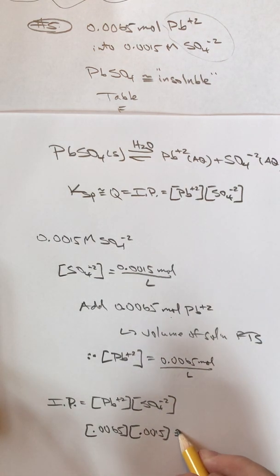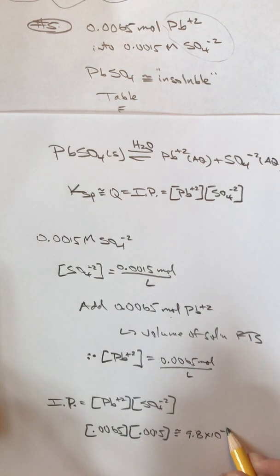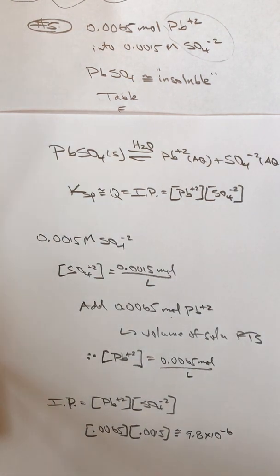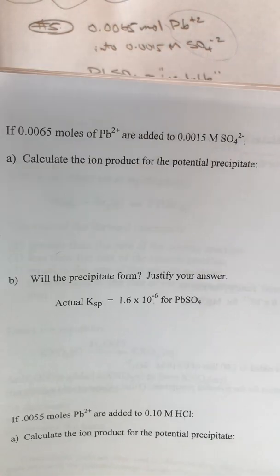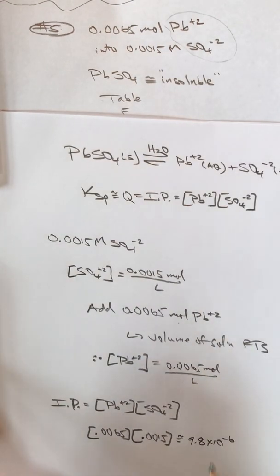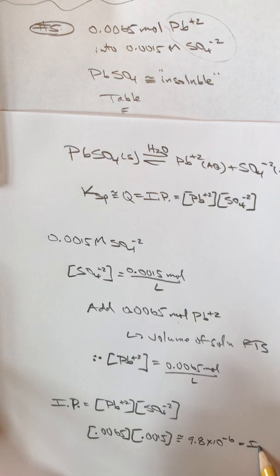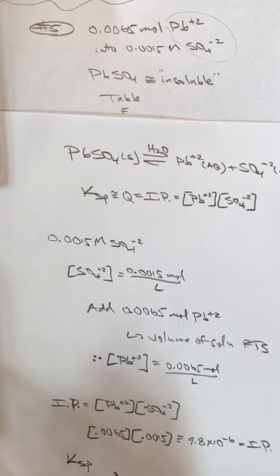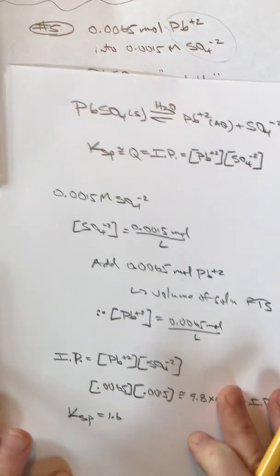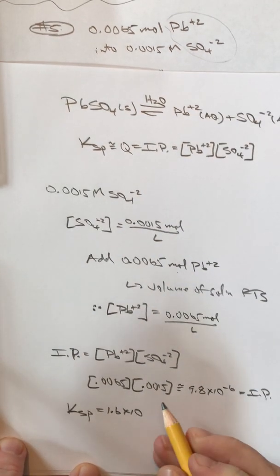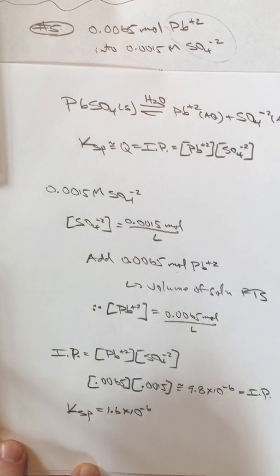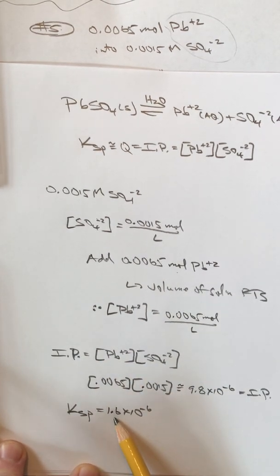Multiply those together, and that's about 9.8 times 10 to the minus 6. In the second part of this question, they said, fine, is there going to be a precipitate? So this is my ion product. Well, KSP, they told you in part 2, is 1.6 times 10 to the minus 6. 9.8 is bigger than 1.6.